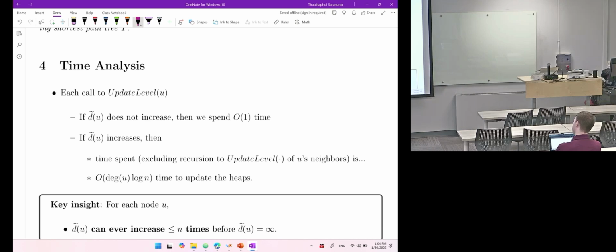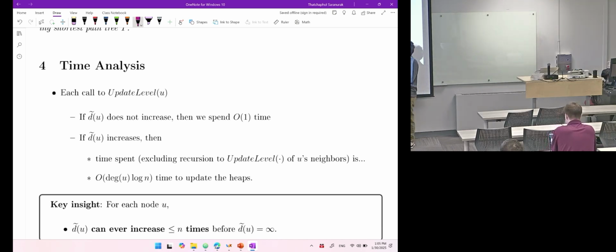But if you increase the level of U, then you need to notify and update the heap of all of its neighbors. That basically takes degree of U times log n. Here I exclude the time to recurse on the update level of neighbors of U, because that will be taken care of when I analyze update level of V. So I separate that.